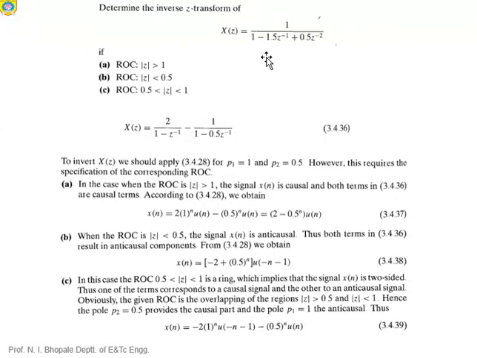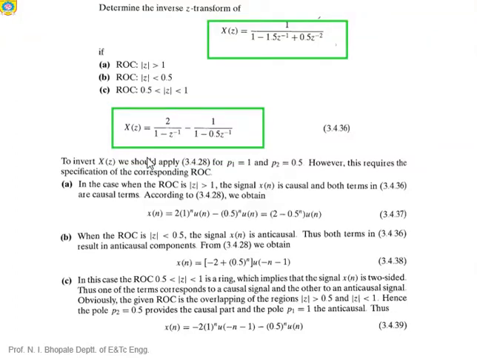So let's say this is one of the examples where we are asked to find the inverse z transform of x of z, which is given by the equation 1 upon 1 minus 1.5 z inverse plus 0.5 z raised to minus 2. This we already solved in the earlier lecture, where we got x of z equal to 2 by 1 minus z inverse minus 1 upon 1 minus 0.5 z inverse.